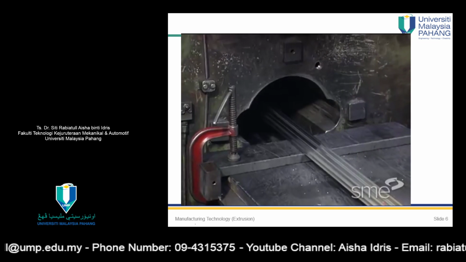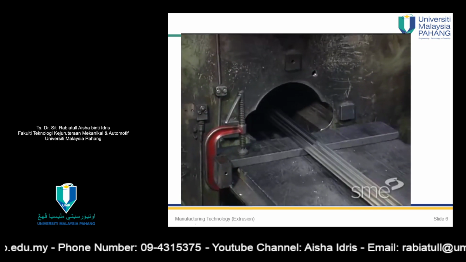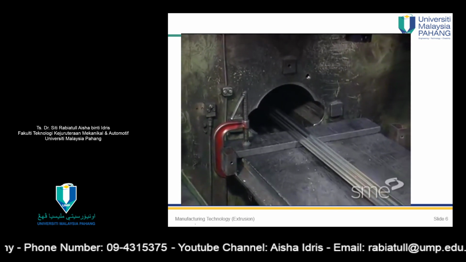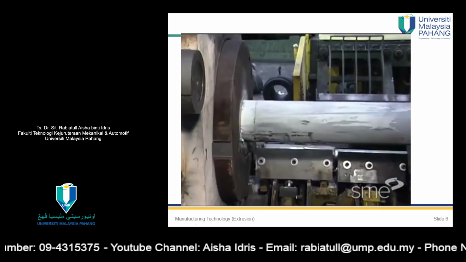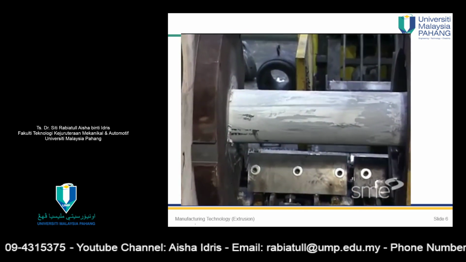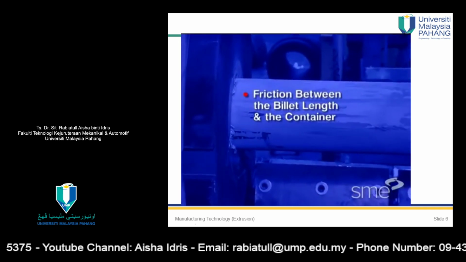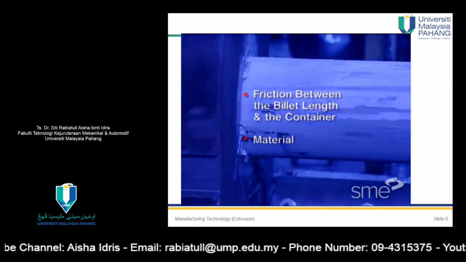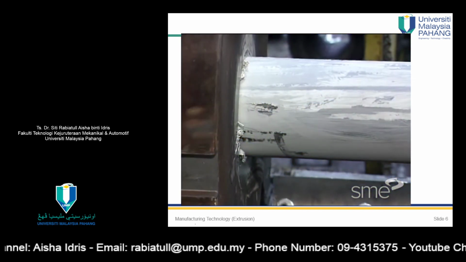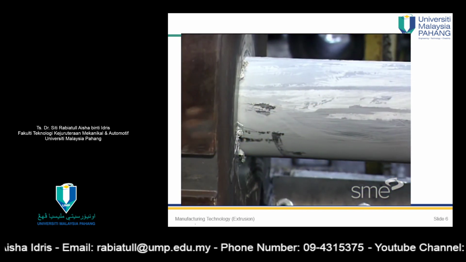Metal flow from the die is in the same direction as the forward motion of the ram. Since the surface of the billet slides along the wall of the container, extrusion force depends on the friction between the billet and the container and the material. The friction portion of the force can be reduced by using lubrication.